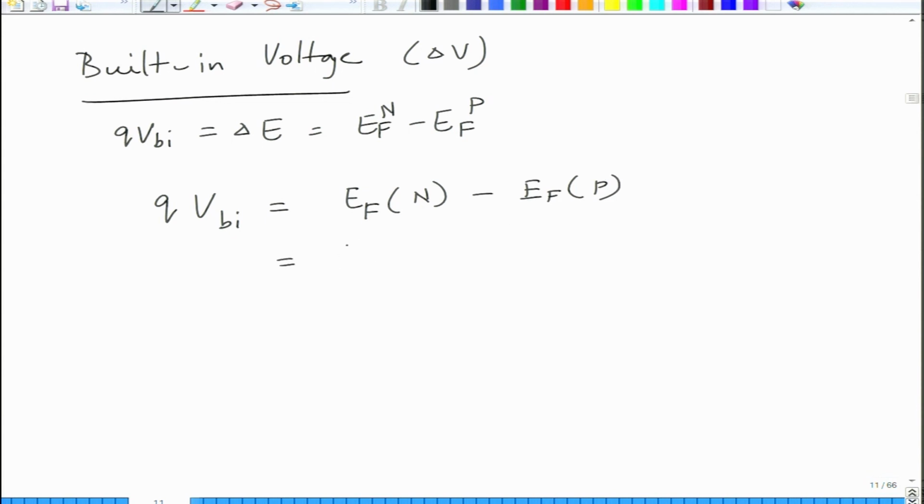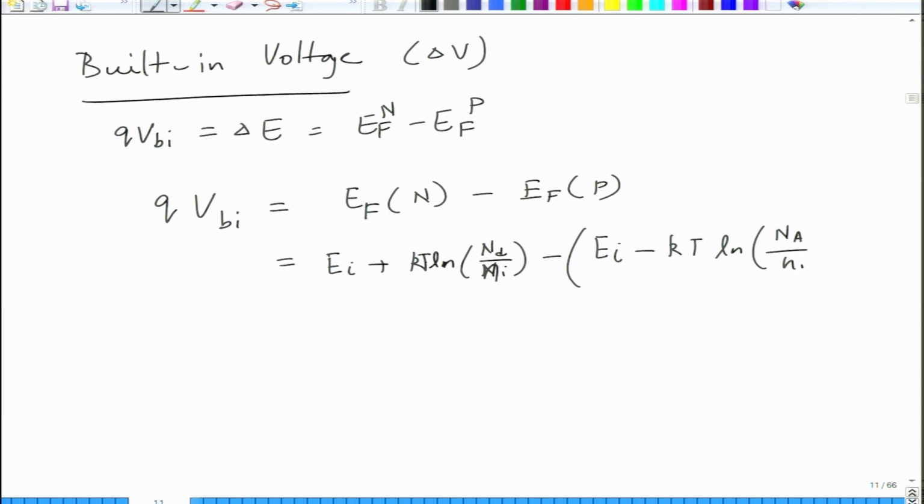You can write the value for EFN: EFN is equal to Ei plus kT ln Nd over ni, and EFP is basically Ei minus kT ln Na over ni.